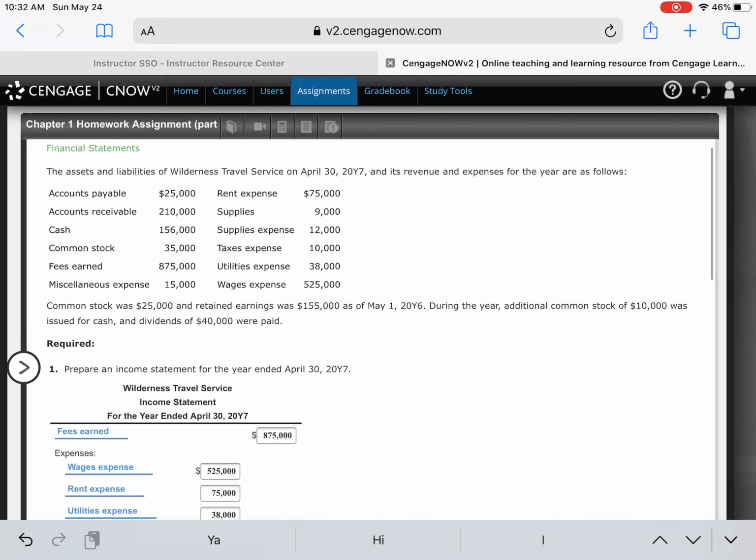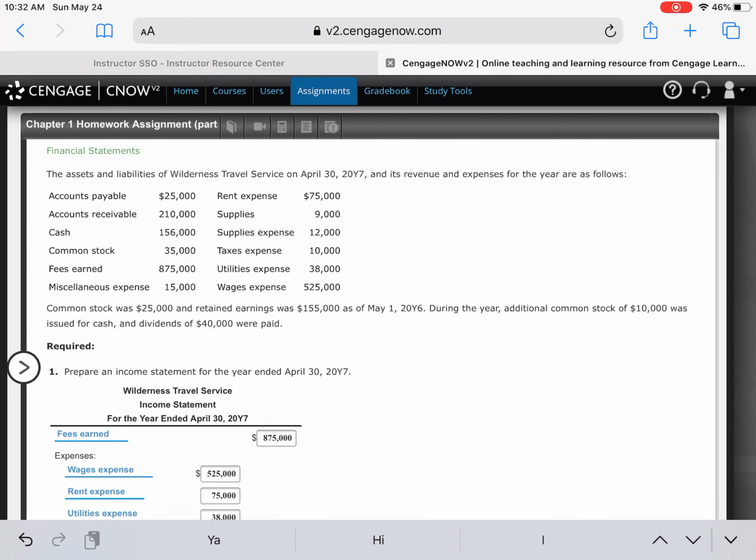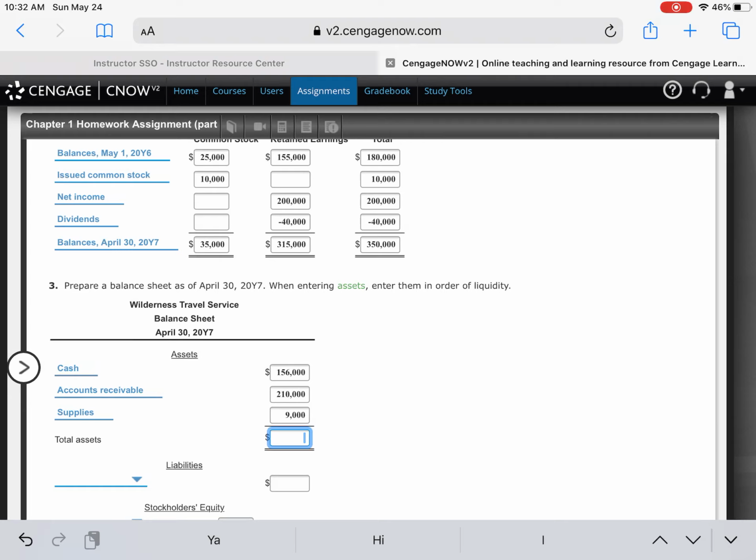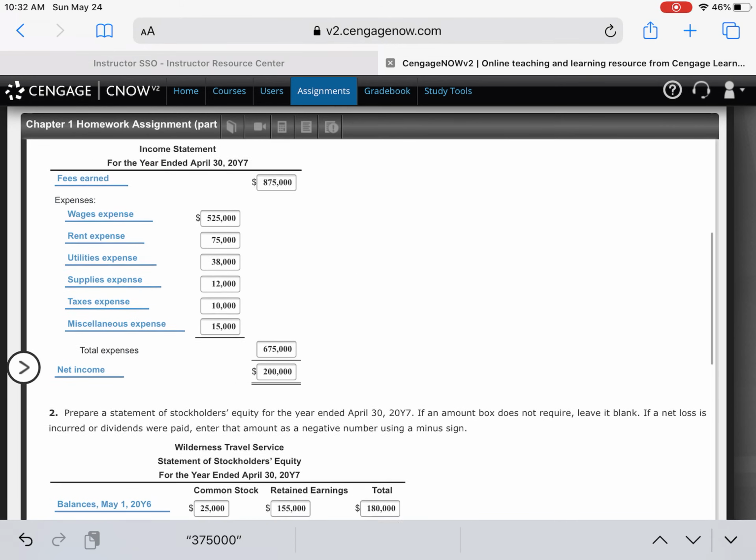You'll notice up here that we have a supplies and we have a supplies expense. So the expense represents any supplies that we've actually used to run and operate our business. The supplies account, which is our asset account, represents how much supplies we still own that we haven't done anything with just yet. So in total, we have $375,000 in total assets.